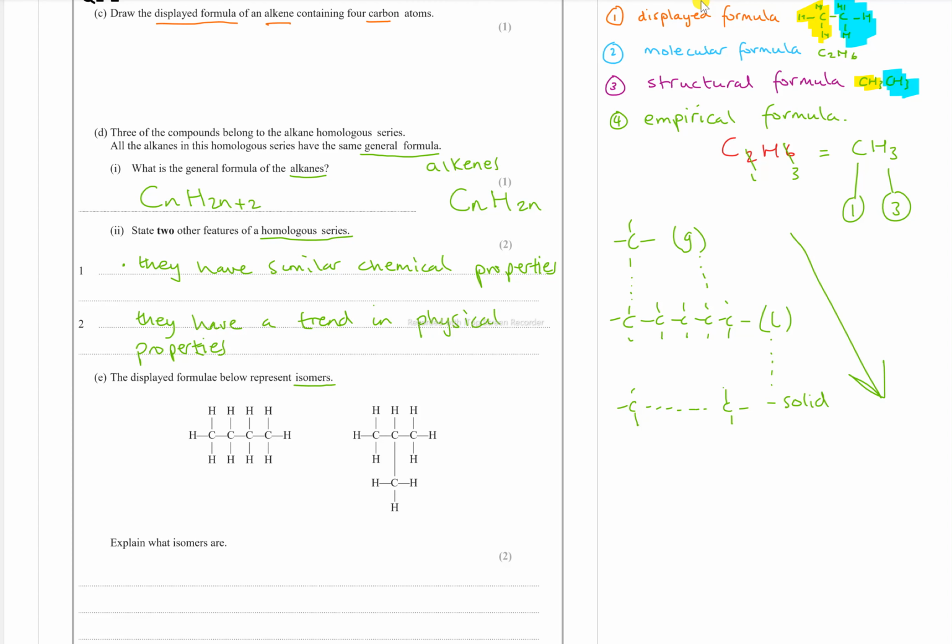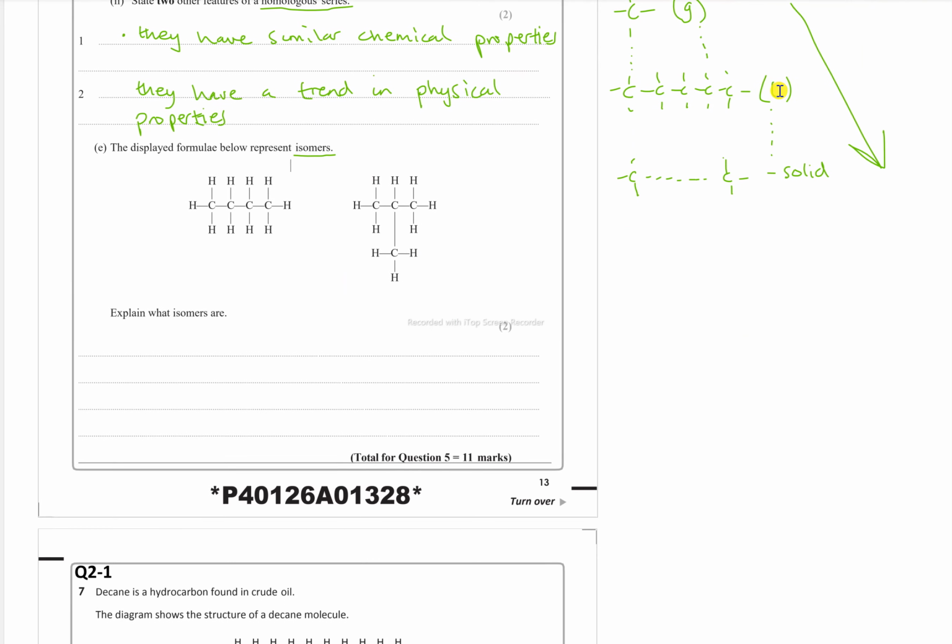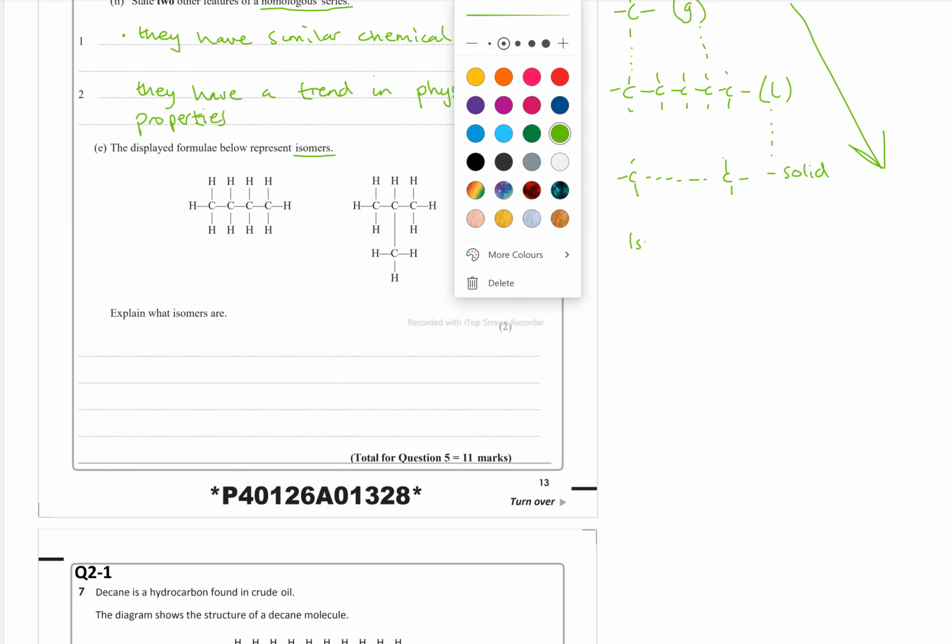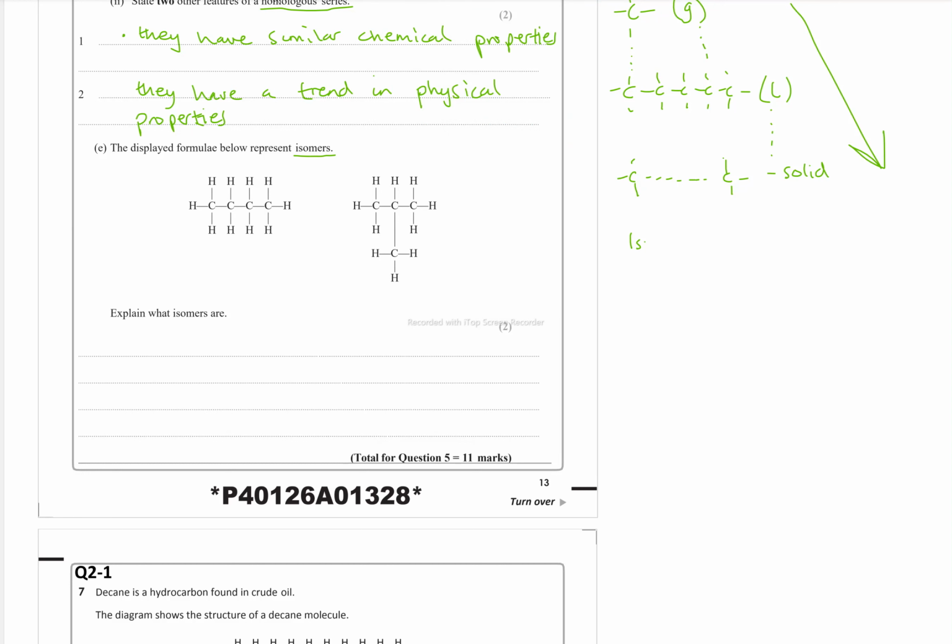It's an isomer. What did we say an isomer was? Let's define isomer. Oh dear, it's started playing up. Unfortunately, we are in big trouble. We'll have to discard it.